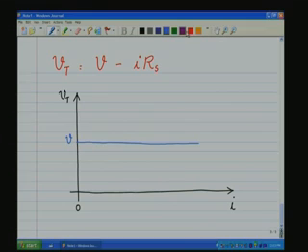However, it is not ideal, therefore it starts at this point, and then as the current increases, this negative component, I into Rs, keeps increasing and subtracts from the ideal component V. So this amount of voltage drop is due to I into Rs.